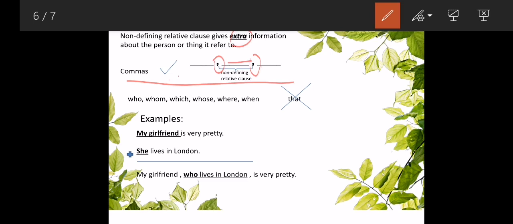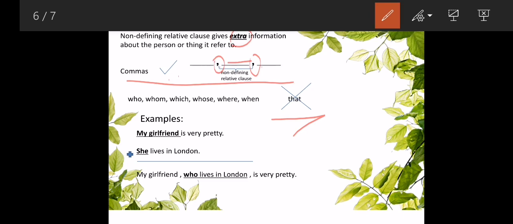We should use who, whom, which, whose, where, when, and notice, this part is important, we can't use the relative pronoun that in non-defining relative clauses. Okay? This is important.